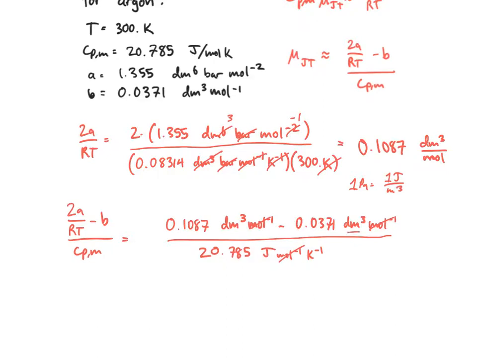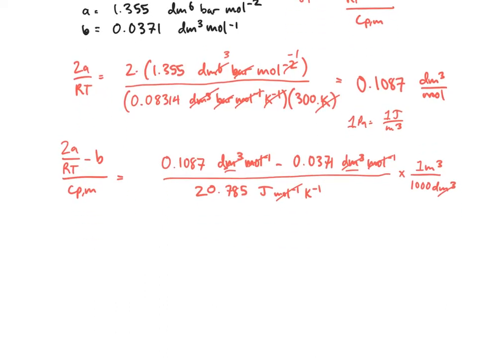But up here, I'm seeing decimeters cubed, so I need to convert those to meters cubed, so I'll be able to eventually convert to pascals. So I'm going to multiply times 1,000 cubic decimeters for every 1 cubic meter. That's going to cancel out those two like that.